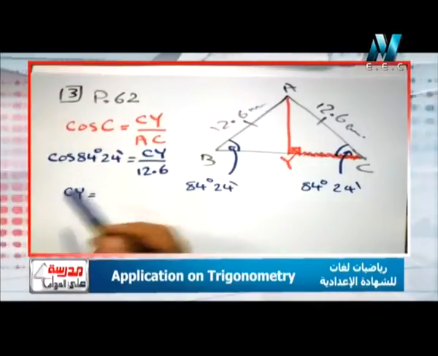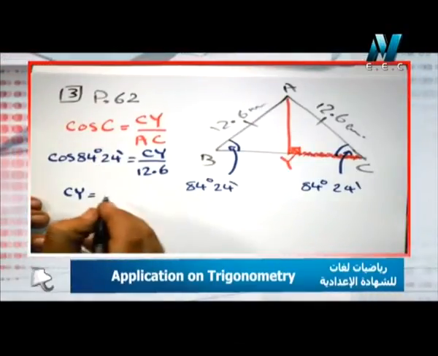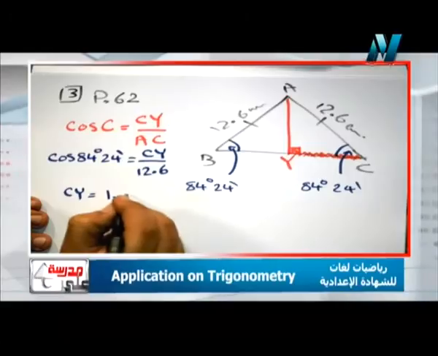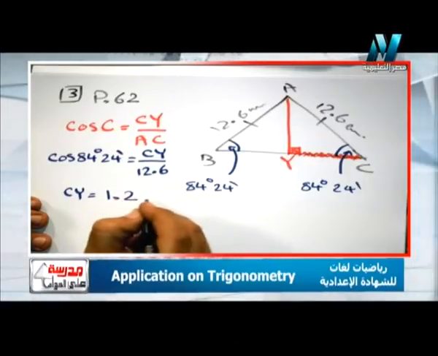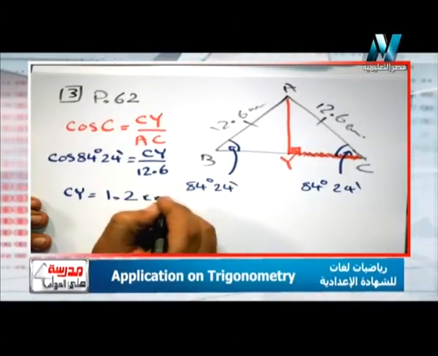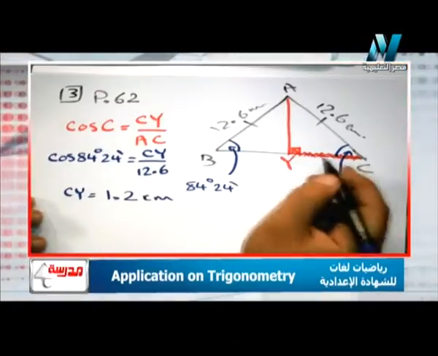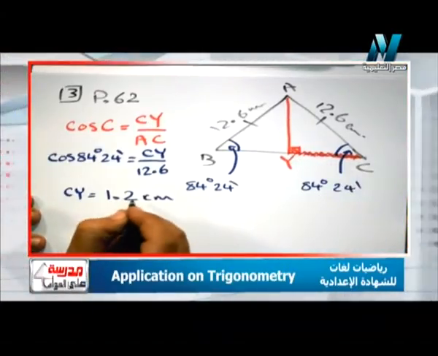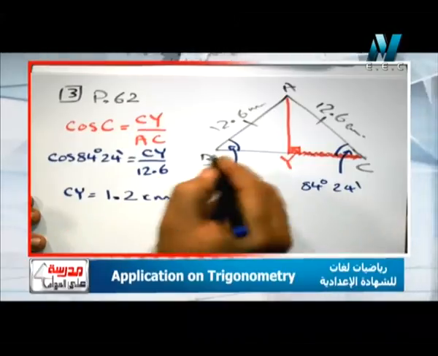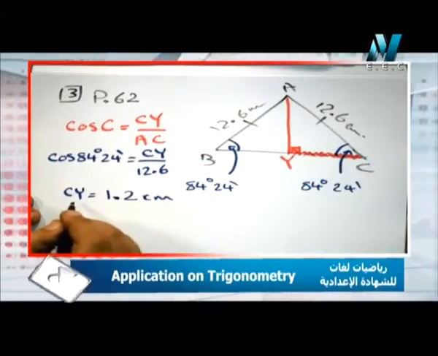The answer for CY is approximately 1.2 centimeters. This is the length of CY. And for the length of CY, 1.2, I'm going to duplicate this length to find the length of BC.